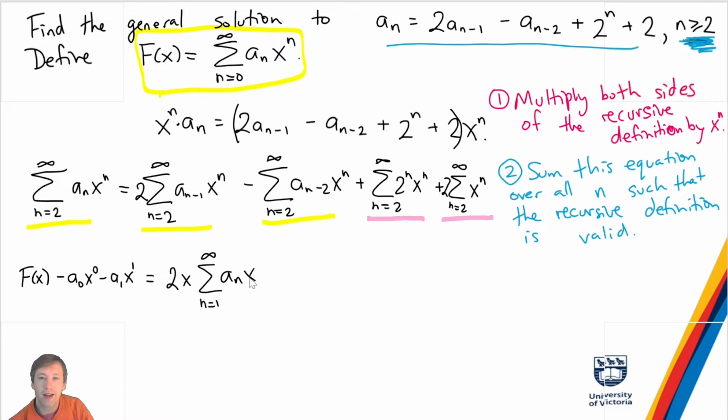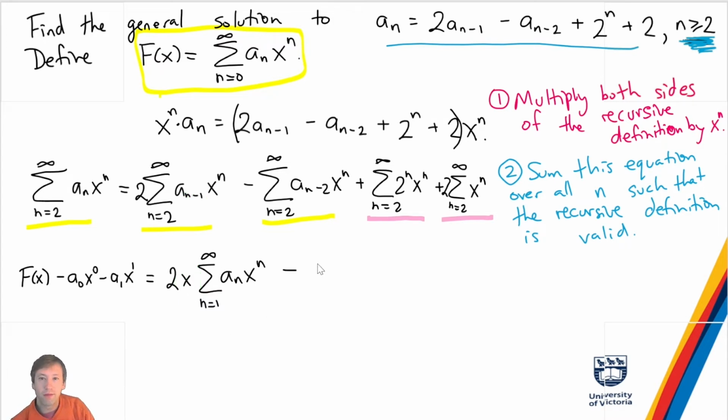Then we get a_n x^n. I've gone quickly through that, but the point is, if I pull out an x here, what I would have is a_{n-1} x^{n-1}. But if I start that sum at 2, where I've got n minus 1 everywhere, you could think of that as starting the sum at 1 and plugging in n instead of n minus 1. That's all I'm doing here.